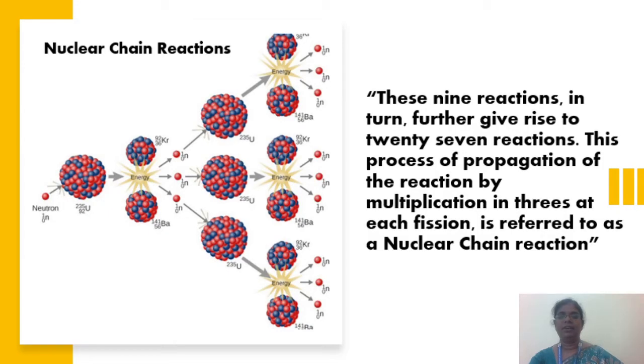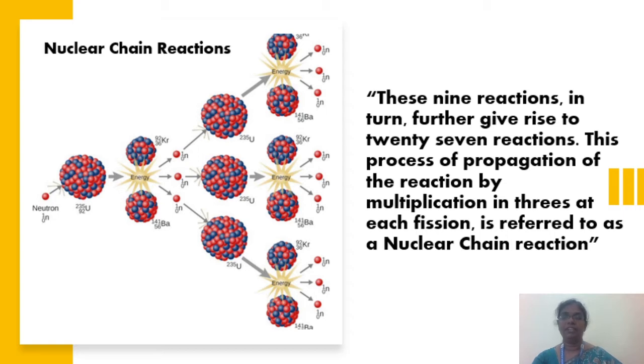In this slide, you can see the first neutron hitting the uranium 235 nucleus, forming three neutrons along with the krypton and barium nuclei. These three neutrons produced in the first step hit three other uranium 235 nuclei, forming nine neutrons.